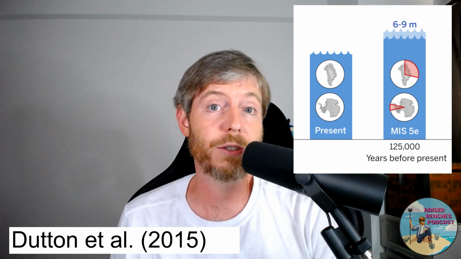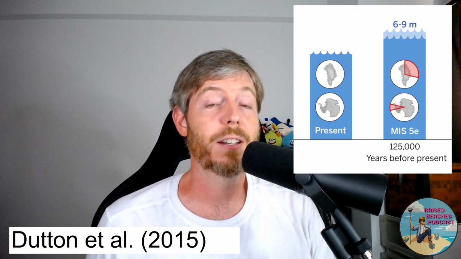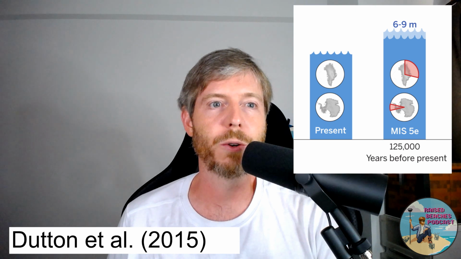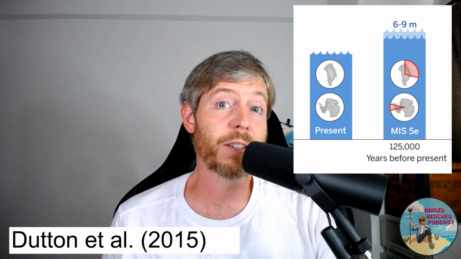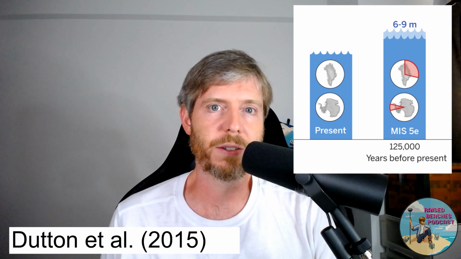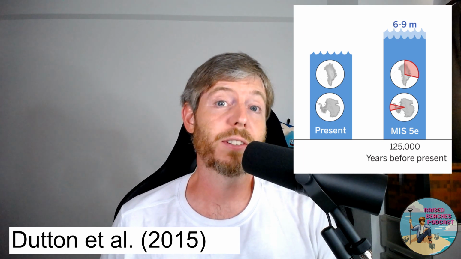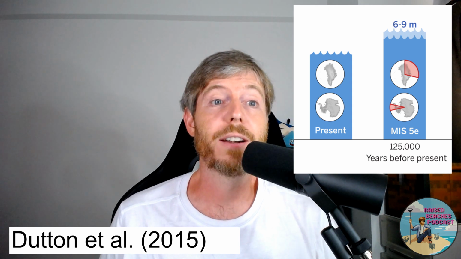And at certain very isolated times in the past 3 million years, the Greenland ice sheet and Antarctic ice sheet were actually smaller than they are now, and as a result, the global average sea level was higher.